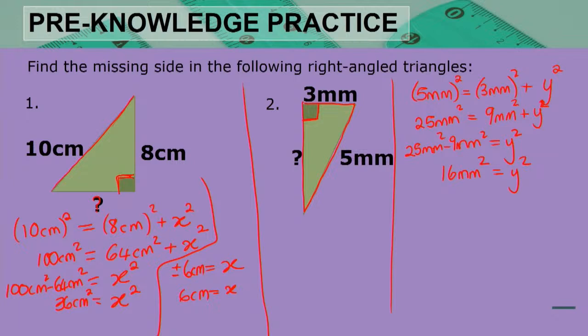And as we know, if we are looking for an unknown that is squared, if it's equals to 16 there, then it means that the unknown is a positive or a negative 4 millimeters. So because we have to choose one, we are working with length. Therefore, that means that our y is equals to a positive 4 millimeters.